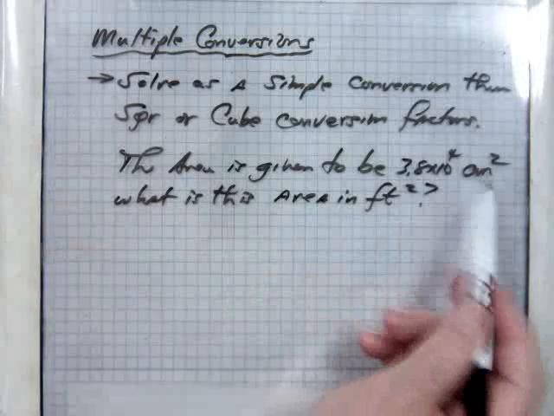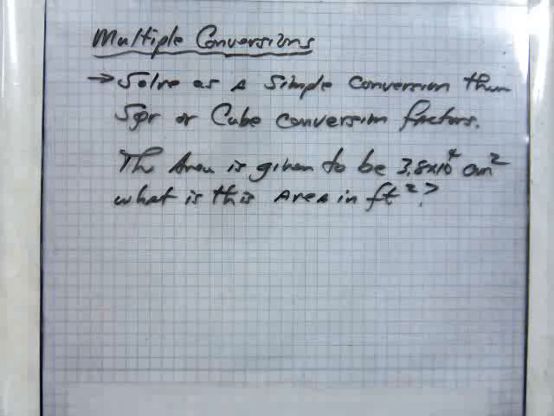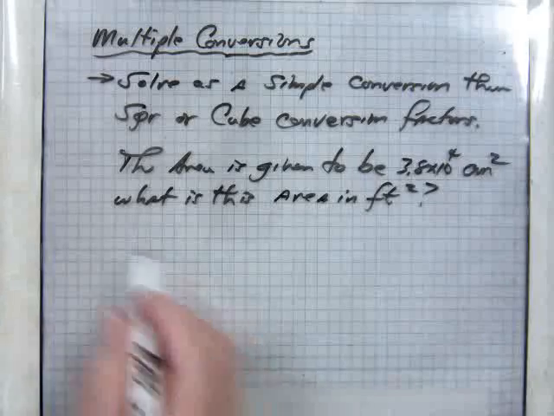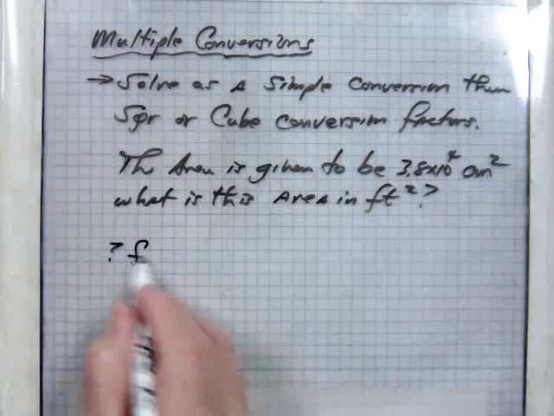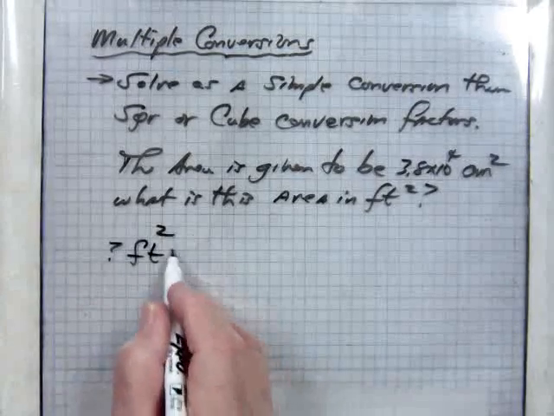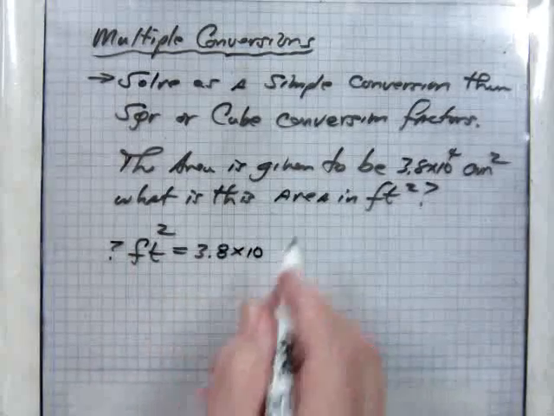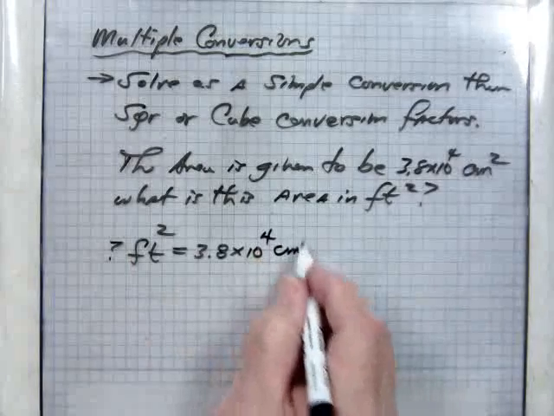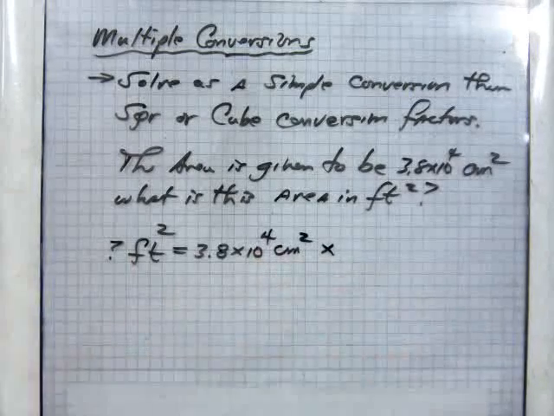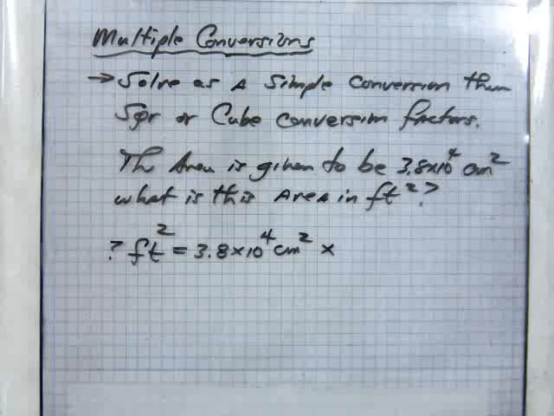And of course, that would be the 3.8 times 10 to the 4. I'm making up the numbers. Is common. Okay, so how many square feet is equal to 3.8 times 10 to the 4th centimeters squared?